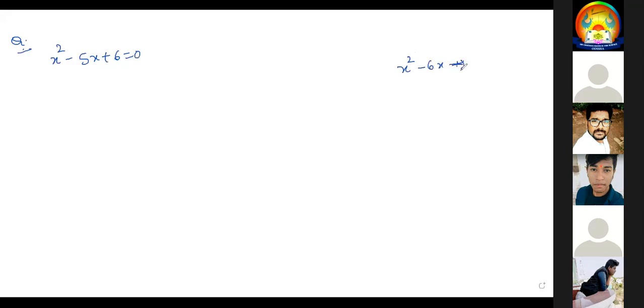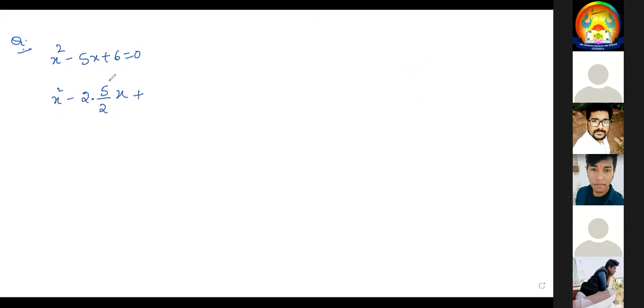Now I wrote this as 2 into 3 since it is an even number. In the last questions, whatever you did, I took everywhere an even number. Now you should ask me, if it is an odd number, how come? Then it should be written as 2 into 5 by 2 into x. We should multiply with 2 and divide it with 2.